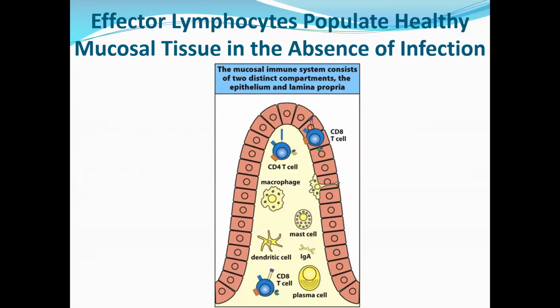So as I said, within the lamina propria, you have your normal whole range of immune cells like mast cells, which can release histamine, induce an inflammatory response, dendritic cells for antigen presentation, macrophages for also antigen presentation, cytokine production, and so on.